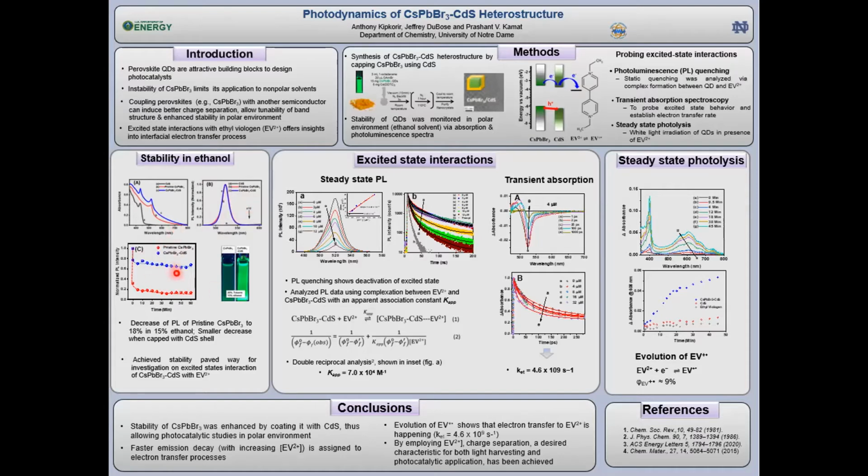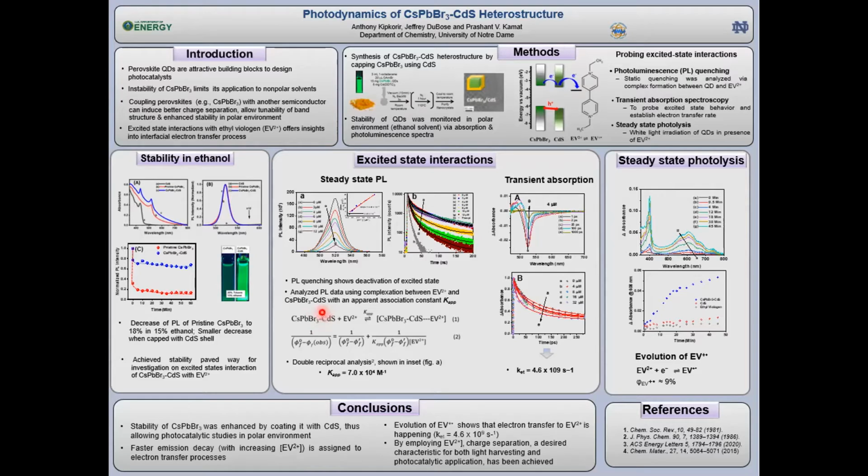We therefore put it now in 15% ethanol to test whether it's stable or not. And as you can see, the synthesized cesium lead bromide could not stand the polar environment, whereas the CdS capped one at least tolerated it, and around 80% of the initial PL was able to remain.